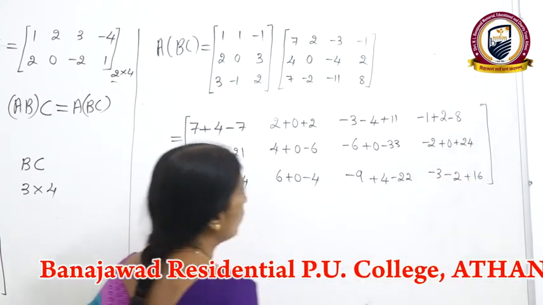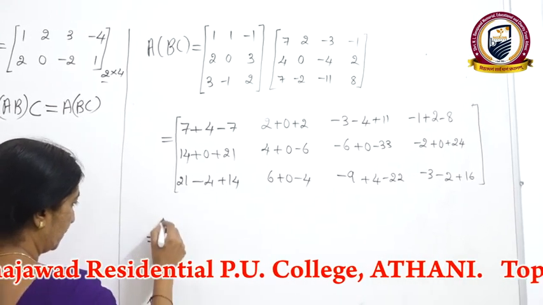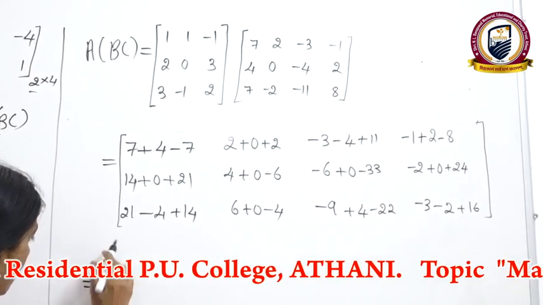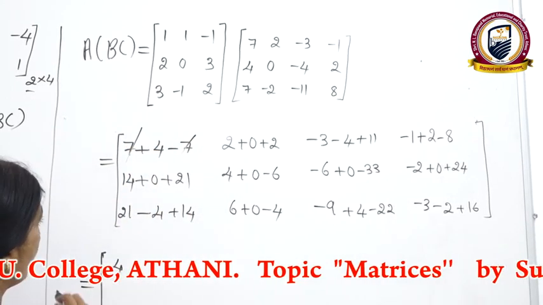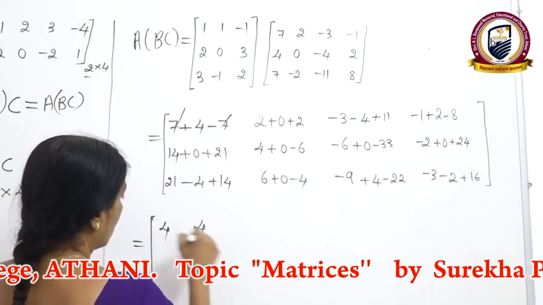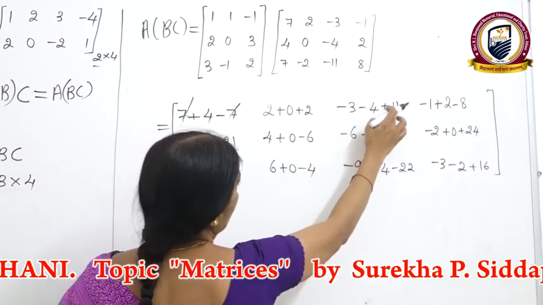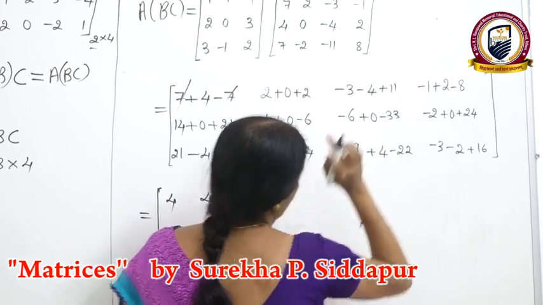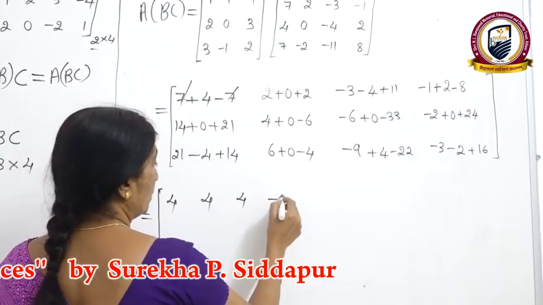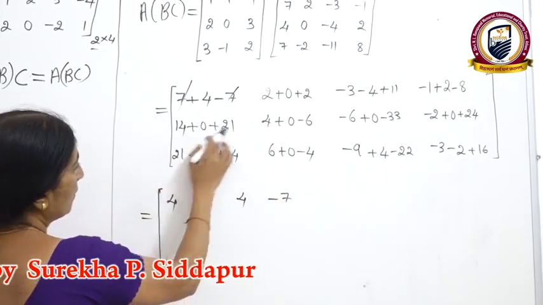This completes. Then go for simplification. See the simplification. Plus 7 minus 7 cancels, 4. This is 4. This is minus 7 plus 11, that is 4. Minus 1 plus 2 minus 8, that is minus 9 plus 2, minus 7. And this is 35.